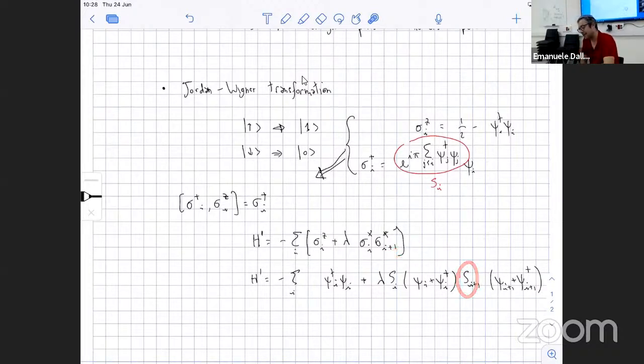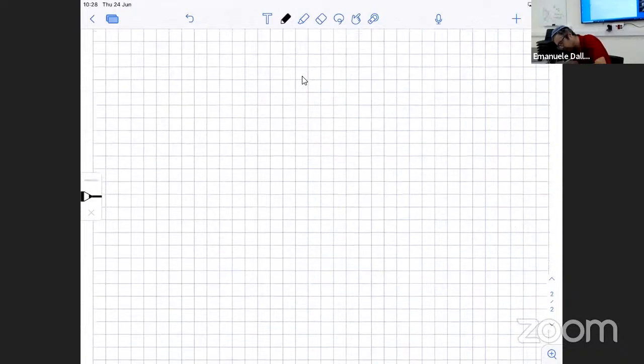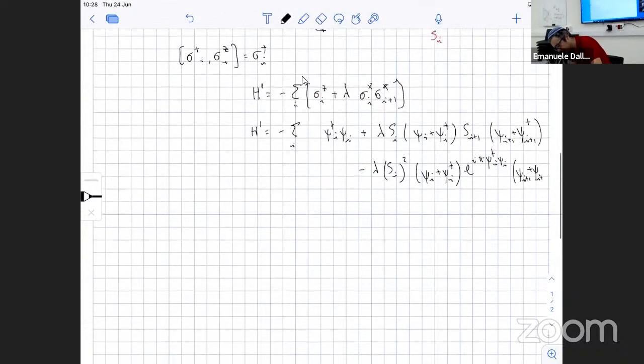But basically, you just flip this to the left, and then you have a minus sign. What I'm trying to say is that this is equivalent to minus lambda sigma_i^z, psi_{i+1}, e^{i pi psi_i^dagger psi_i} times (psi_{i+1} + psi_{i+1}^dagger).